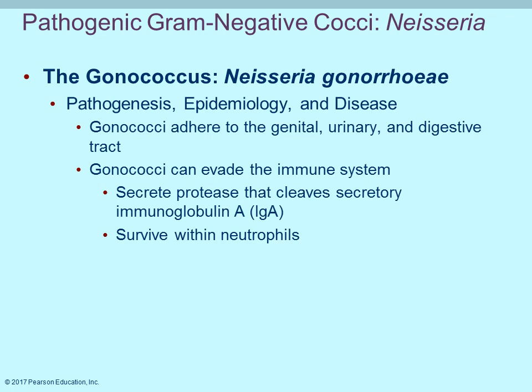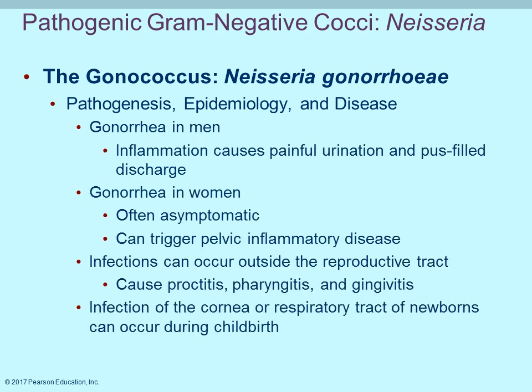What happens is the bacteria will adhere to genital, urinary, and digestive tract, depending on where it was introduced. It does secrete a protease enzyme that will break down proteins such as the IgA, which is supposed to help flag it for destruction, and it can survive within the neutrophils.